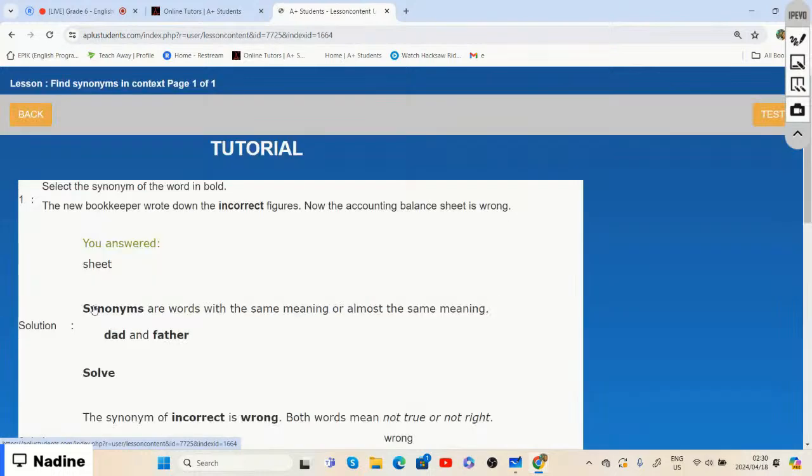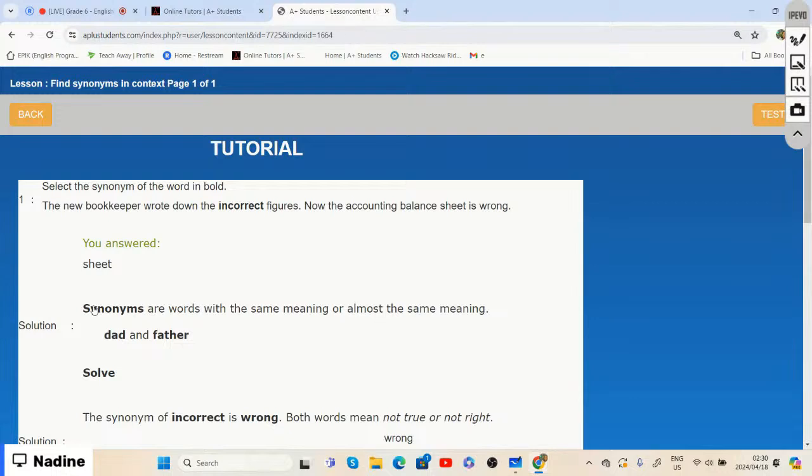All right, so now we're going to find synonyms in context, right? And we have already listed a few of our synonyms. We said synonyms are words with the same meaning or words with almost the same meaning, right? Those are synonyms.